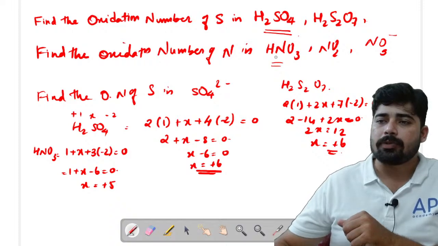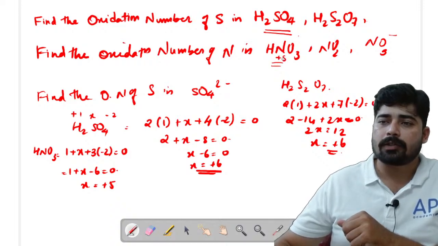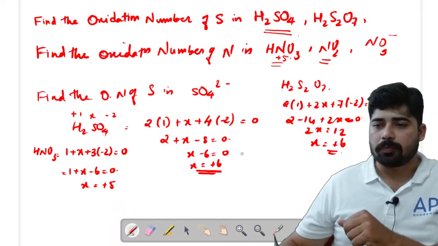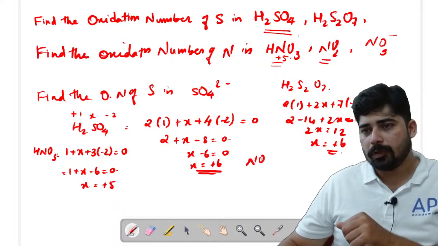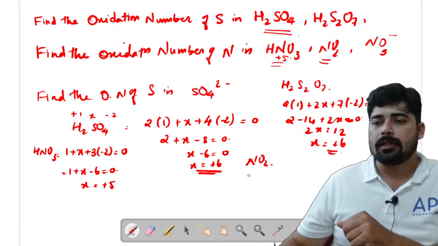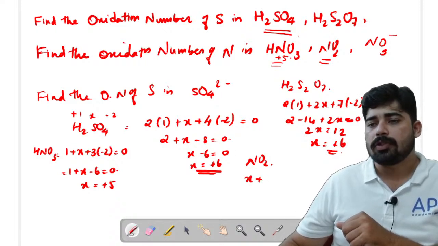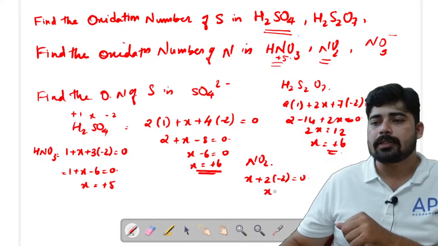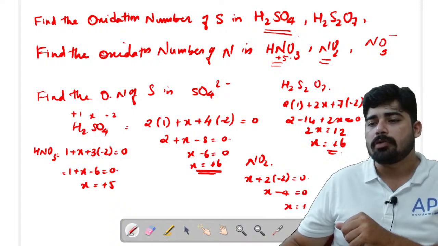So the oxidation state of nitrogen is +5. Next we can check NO2. In NO2, x plus 2 into -2 equal to 0, that is x minus 4 equal to 0. So x is equal to +4.